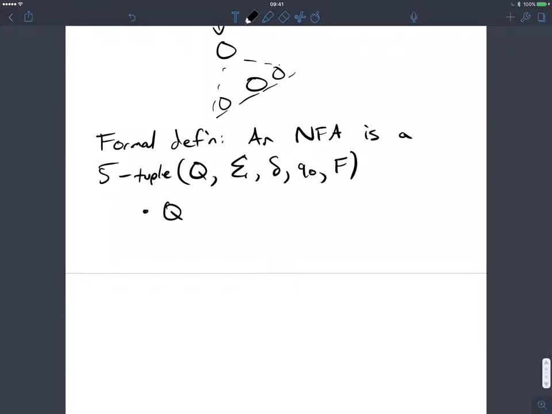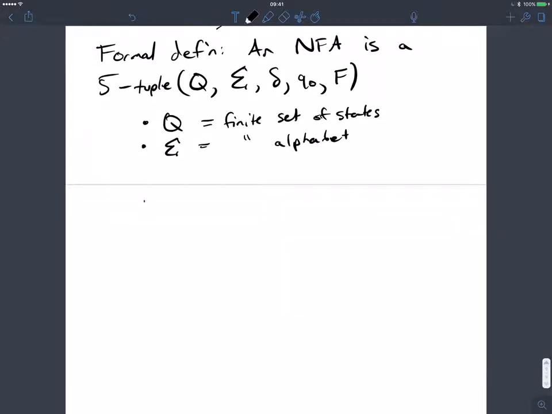Where Q is a finite set of states, exactly as before. Sigma, finite alphabet, exactly the same as before. I'm going to skip over the transition function. Q0 is a member of Q, the start state.